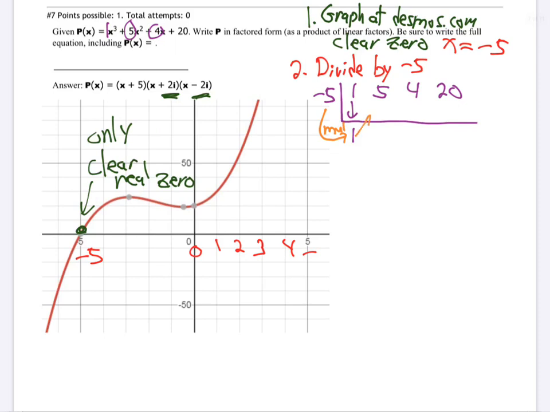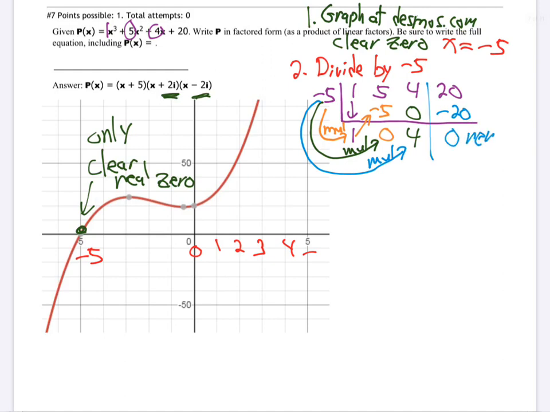Negative 5 times 1 is negative 5. Add them up. 0. Next step. Multiply. Negative 5 times 0 is 0. Add them up. 4. And then negative 5 times 4. You know what's going to happen. Negative 20, 0 remainder, of course, because x minus 5 goes in evenly.